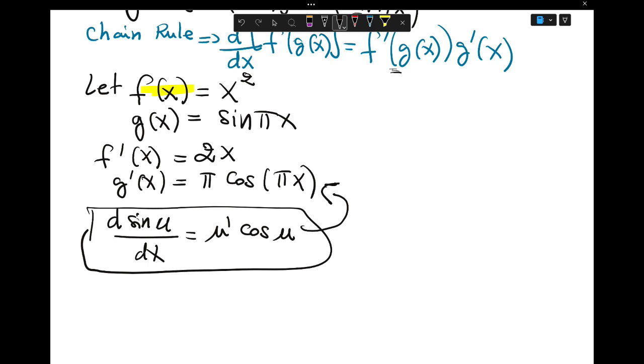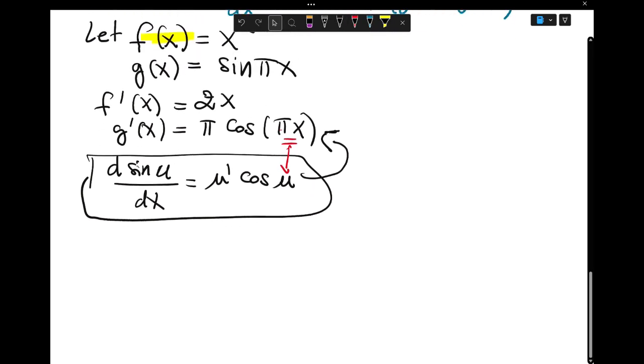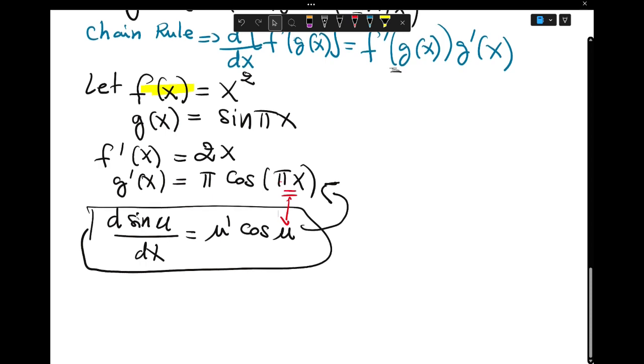So we basically replace u by pi x. That's what we did, and that's the reason why we get that. Now this problem is almost over, so all we need to do is replace what we have, and we should be good. So let's rewrite this right here.